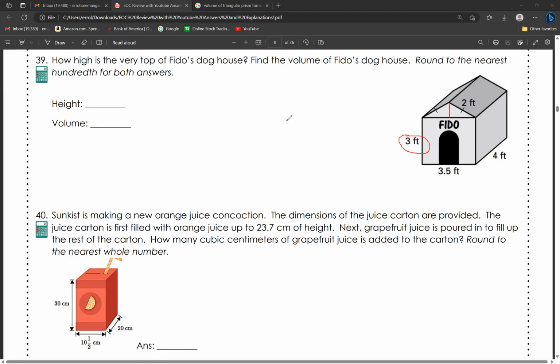Okay, so let's just look at this triangle right here. If we draw that triangle, we know that this is 2. We know that this is 2. Can we find this distance? All right, let me draw that again.